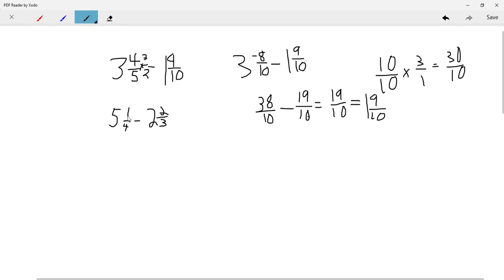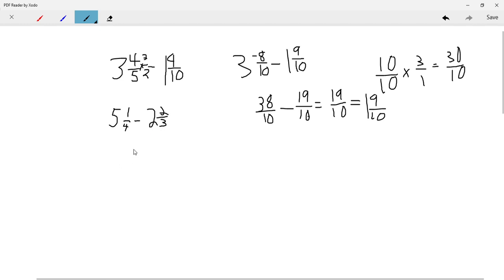So the first thing we do is we do 1/4, and we have to find a common denominator with 2/3. So the common denominator for 4 and 3 is 12. If you have no idea what a common denominator is for two numbers, you can always multiply the denominators together and you will find a common denominator.